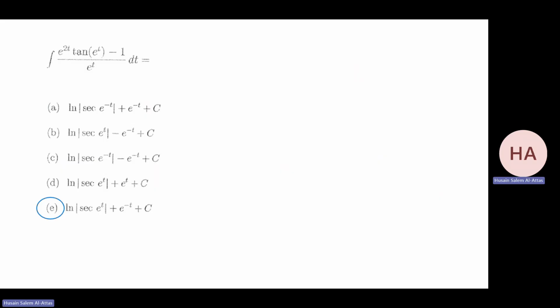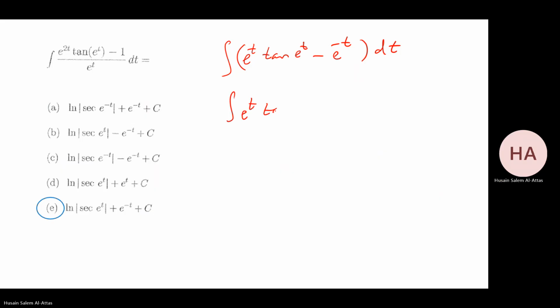E to the power t tan e to the power t. Yeah, actually it's not related to 5.8. This is an easy one. This is e to the power t tan e to the t minus e to the minus t dt. That's it. This one, I let u equal e to the t.